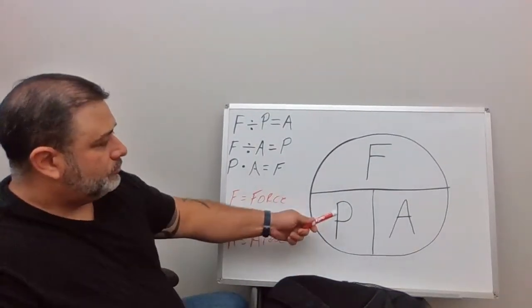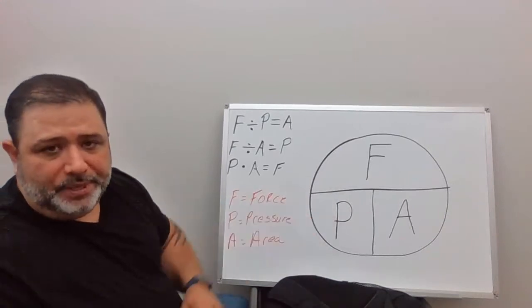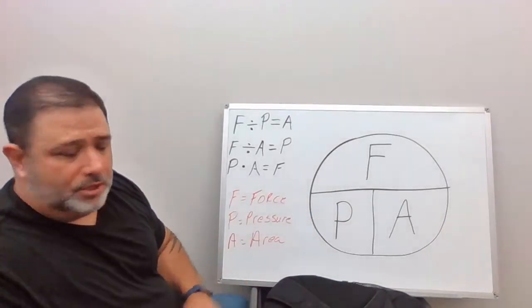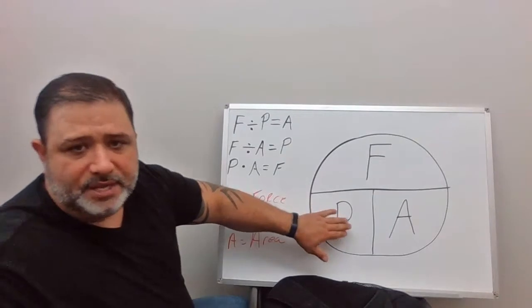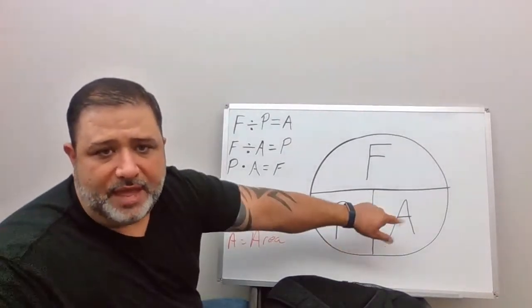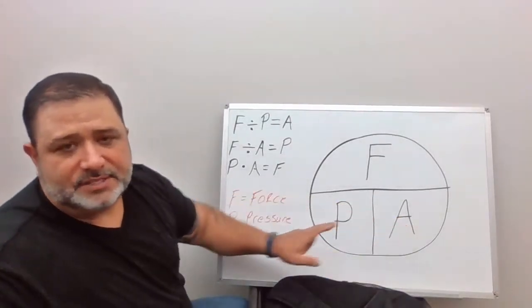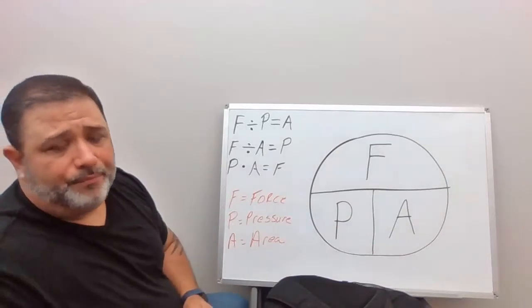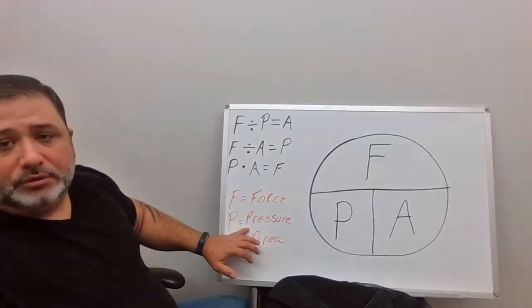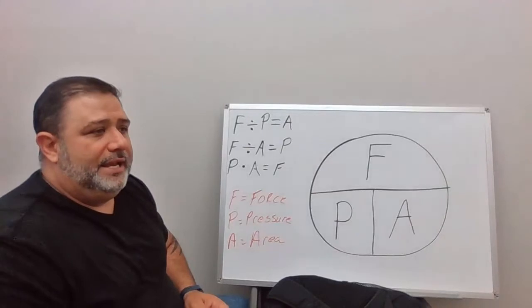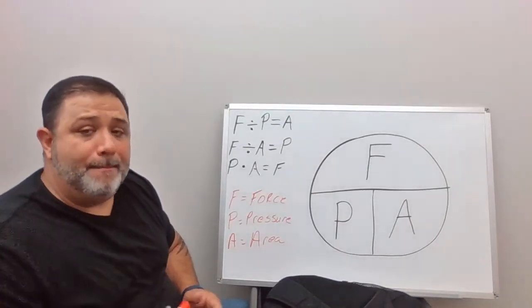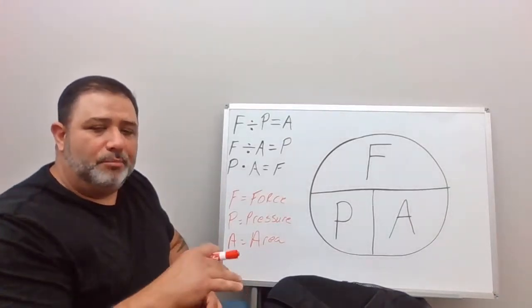Now, P stands for pressure. The P is always on the bottom. It doesn't matter if the P is on this side or on that side. It doesn't matter if the A is on this side or this side, and I'll show you why in a minute. So P stands for pressure. Pressure is what is made by the force pressing against the fluid.